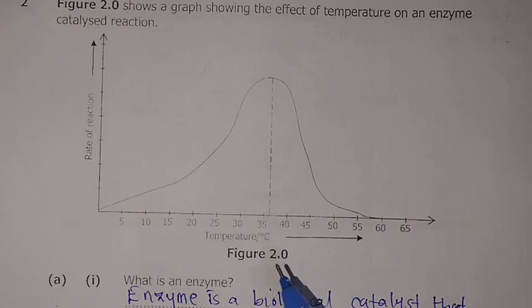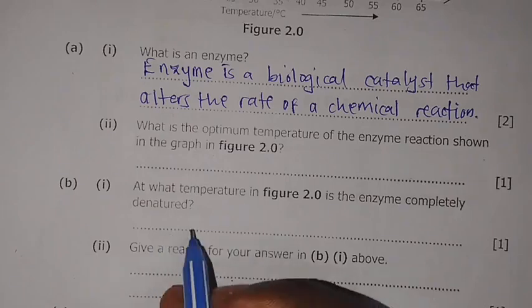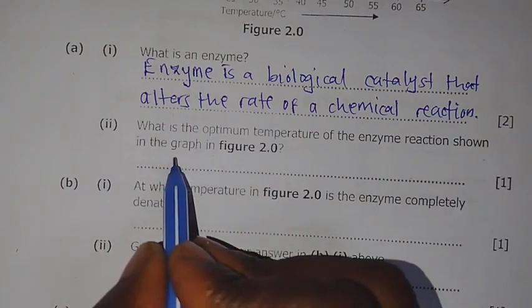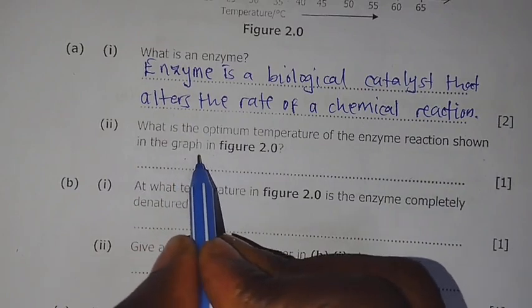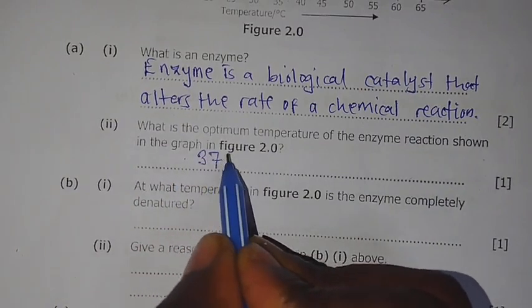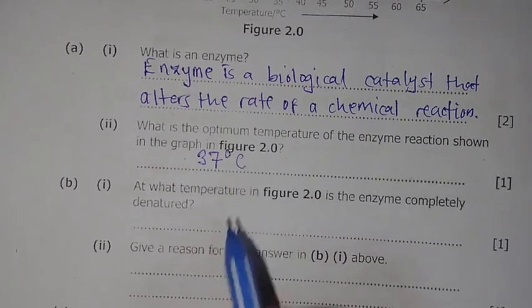The best answer that we can pick here is 37 degrees Celsius. Or if you pick 36 degrees Celsius, you can still be marked because examiners have got that range. So the optimum temperature is going to be 37 degrees Celsius.